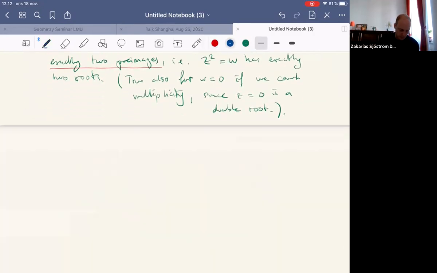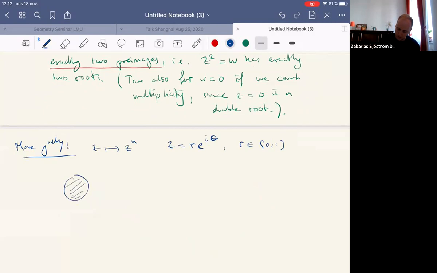Now, more generally, we can of course also consider the exact analogy for z goes to z^n. If we take z of the form r e^{i theta}, where we look again at this unit circle, r is in the open interval (0,1), and theta is in (0, 2 pi).